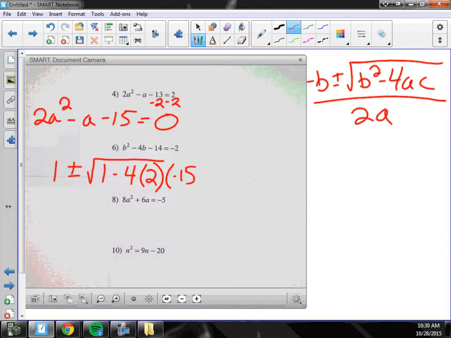The formula says subtract. Yeah, it's b squared minus 4 times a times c. So this negative here is from the formula, because the formula says subtract 4ac. Oh, I see what you're saying. So b is negative 1, so negative 1 squared is 1.